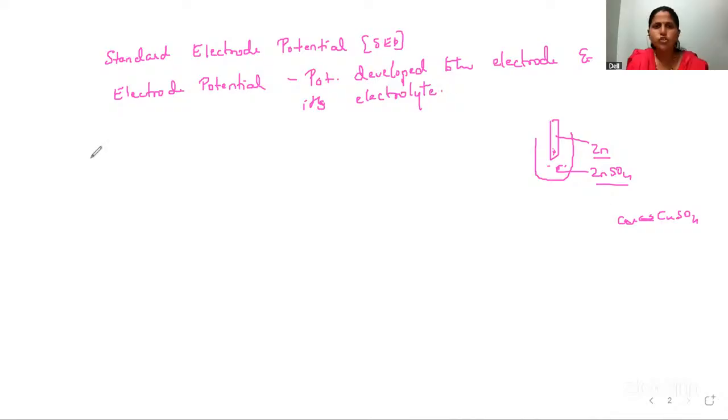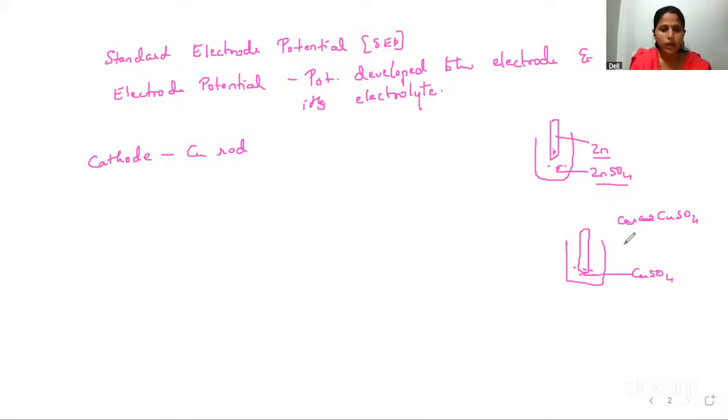So in the Daniel cell, consider the cathode. That is the copper rod. So when I speak about the cathode, it is the copper rod. Cu plus 2 ions from the CuSO4 solution are getting deposited on my copper rod.